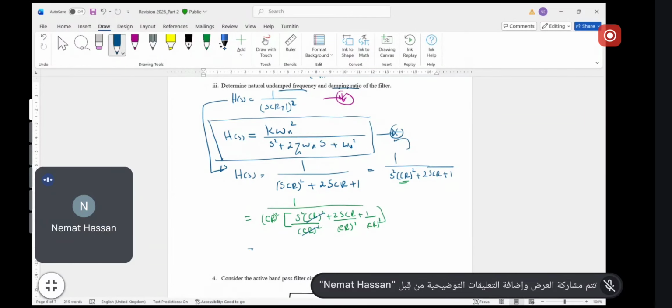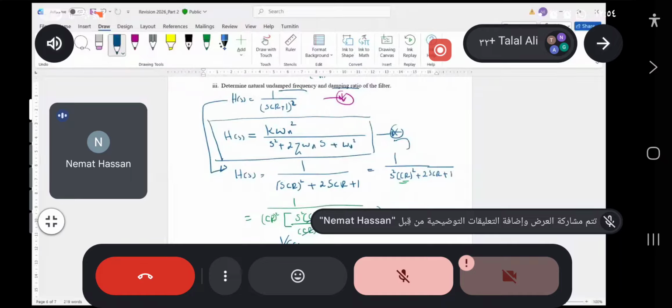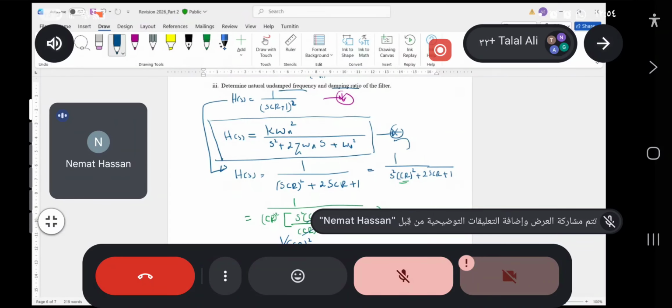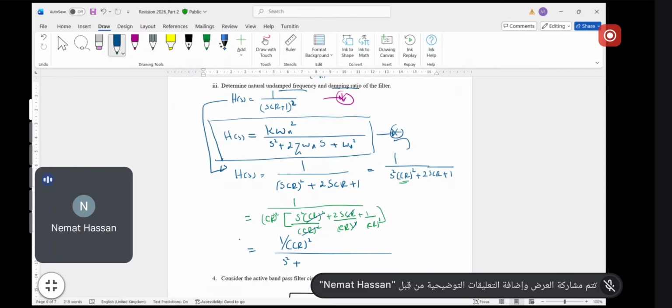And this becomes what? 1 over CR squared, all divided by S squared plus 2 over CR S plus 1 over CR all squared. This is H of S, right?